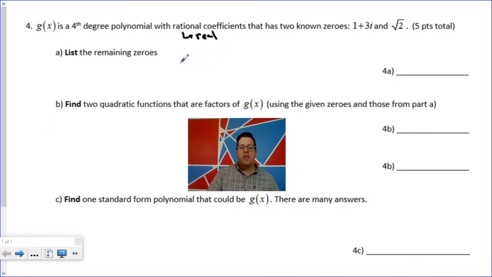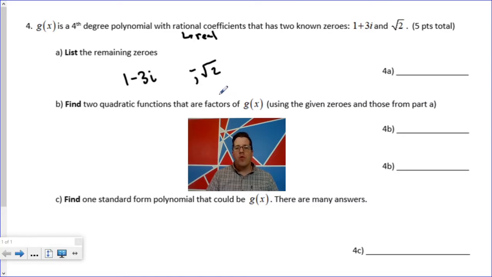So that means that 1 minus 3i must be another 0. And then the only way to get rational coefficients is if we take our square root of 2 and we have as another 0 the opposite of the square root of 2.